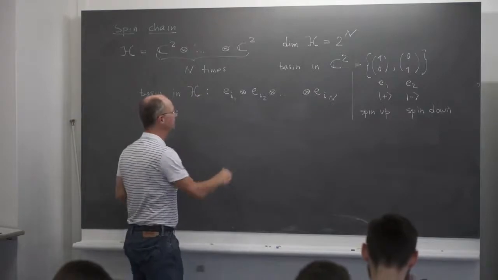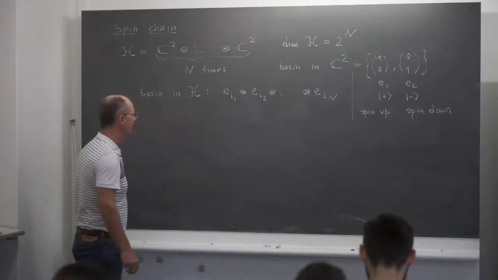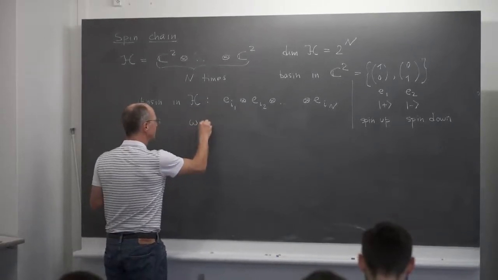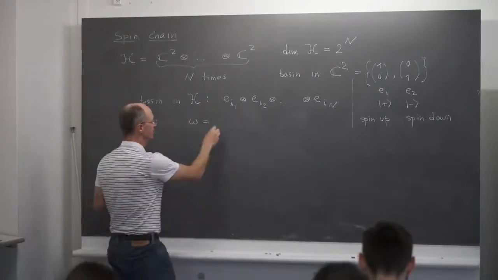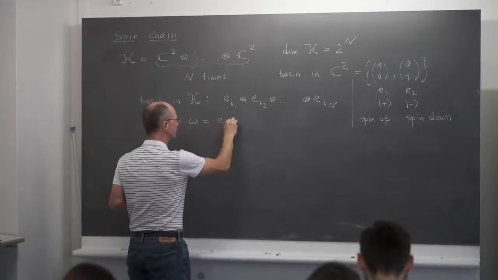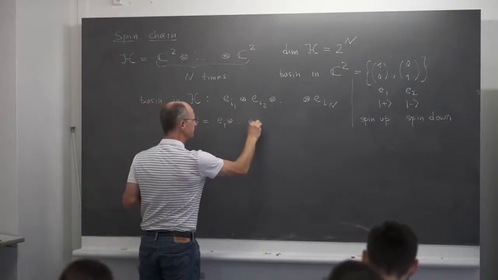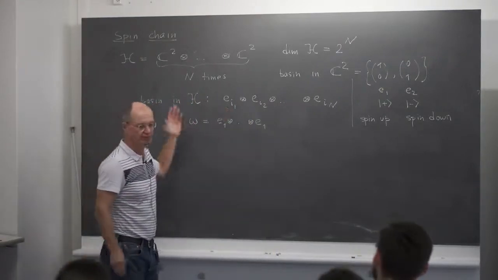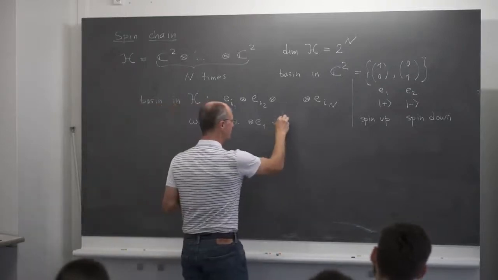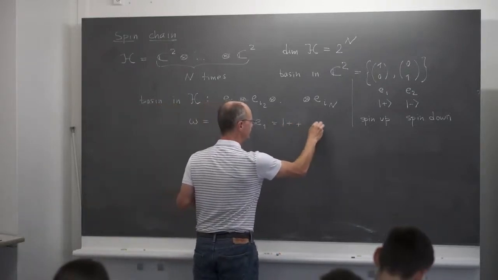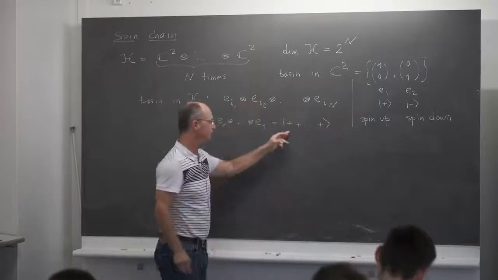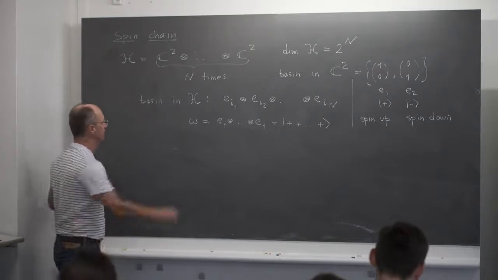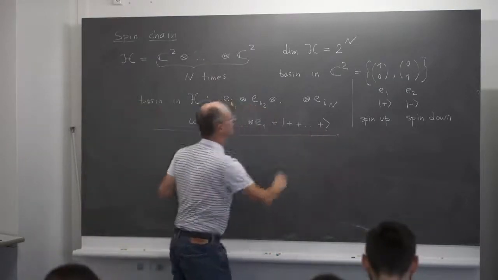So this set is a basis in H. In particular, we'll be interested, or we'll be using a lot, the following vector. So this is just a product of E1s. Or you can choose E2, any of them. But in the physics notation, this will be plus, plus, plus, plus, plus. So we'll see that it's kind of nice to use this vector from time to time.